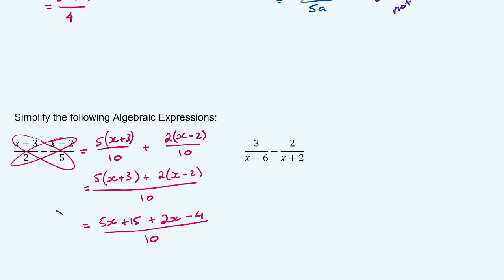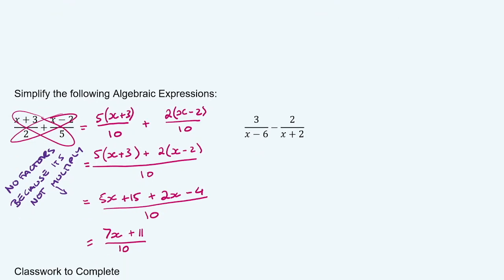So no factors, because it's not a multiply. You need to have a multiply for there to be factors. Pull it all together with like terms. And that's where we have it. So again, no common factors because we don't actually have any factors.